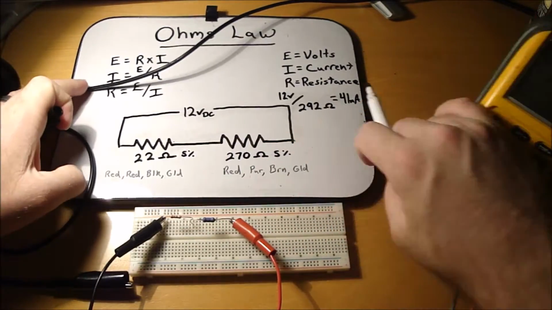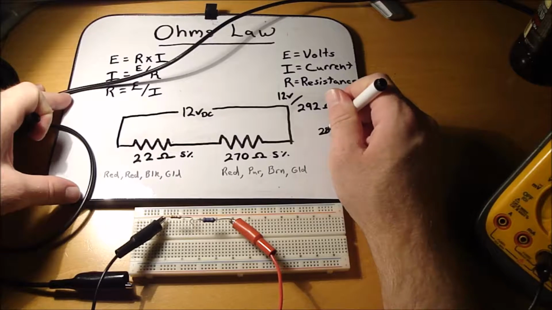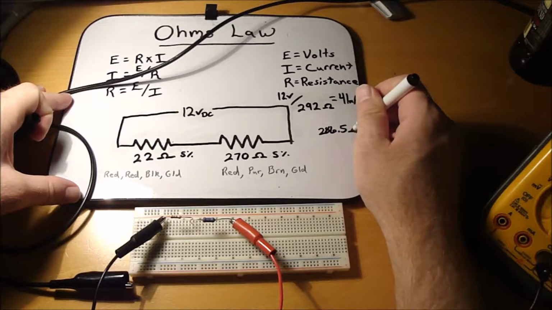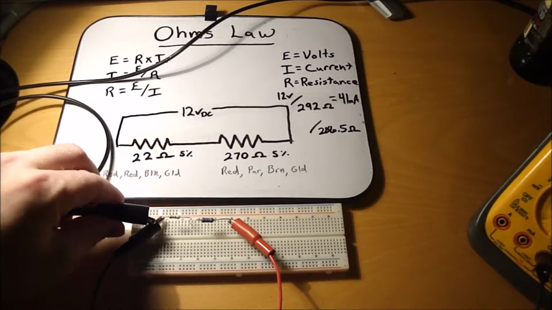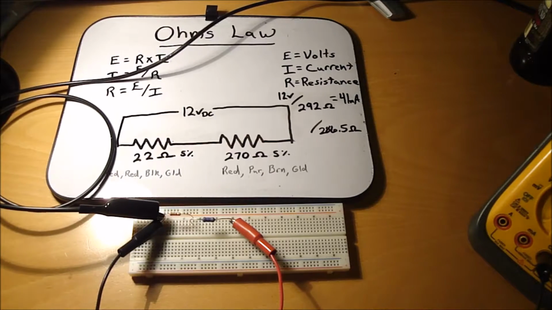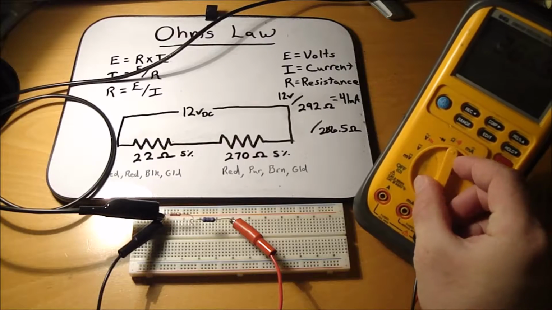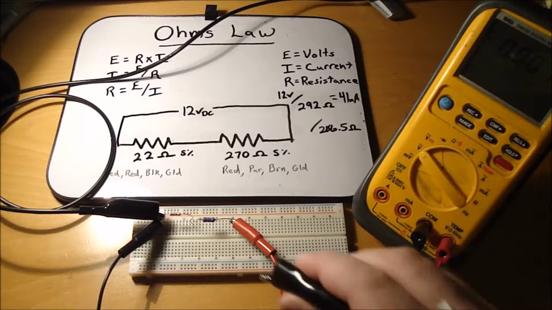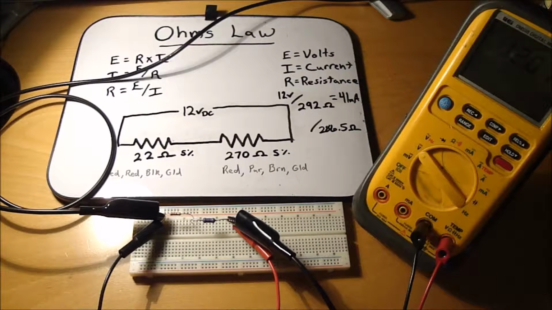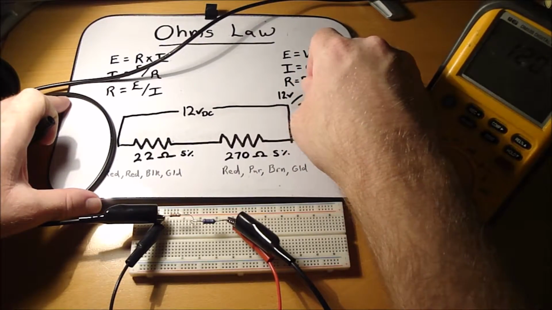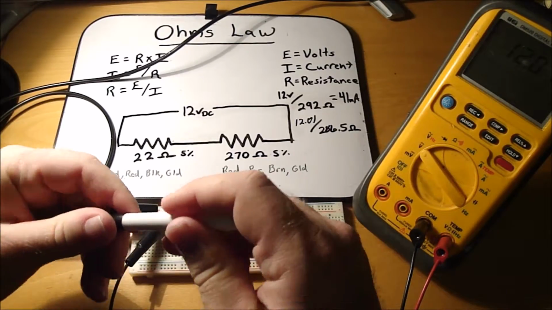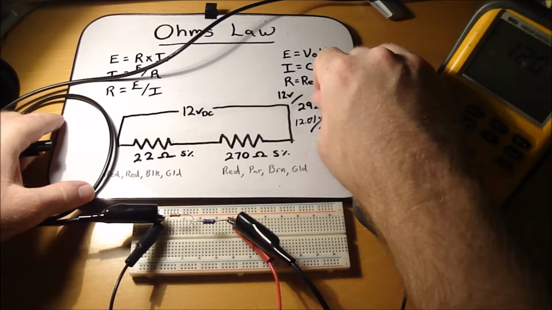Alright, so we got 286.5 ohms, and the voltage is... switch my multimeter to volts, and we got 12.01 volts.